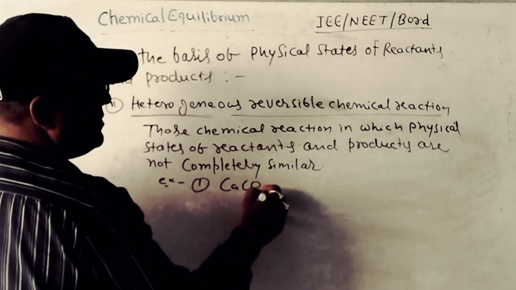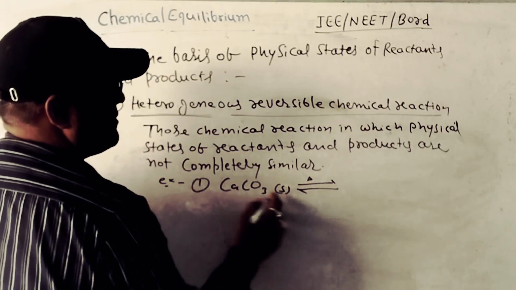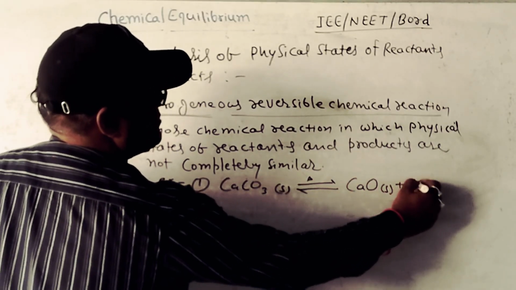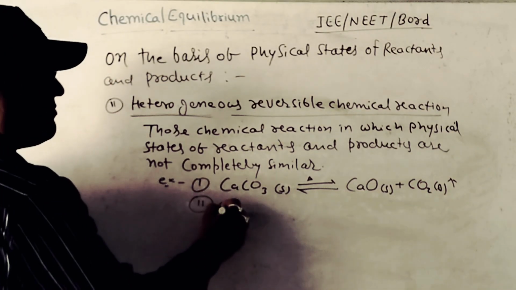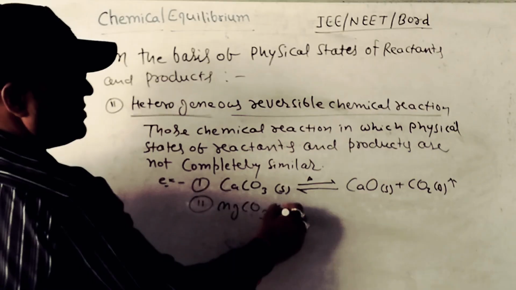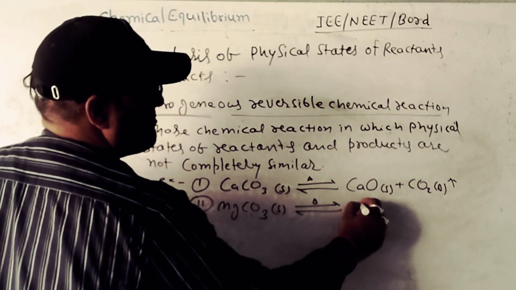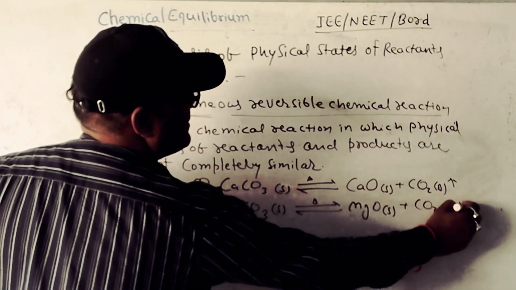Suppose CaCO3 is solid, and after heating, after thermal decomposition, calcium oxide solid and CO2 gas we can observe. By the heating of magnesium carbonate solid, after heating magnesium oxide solid and CO2 gas is prepared.